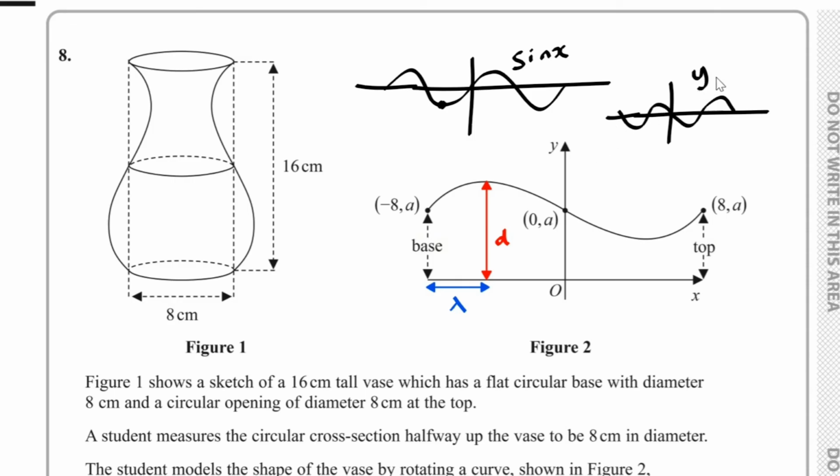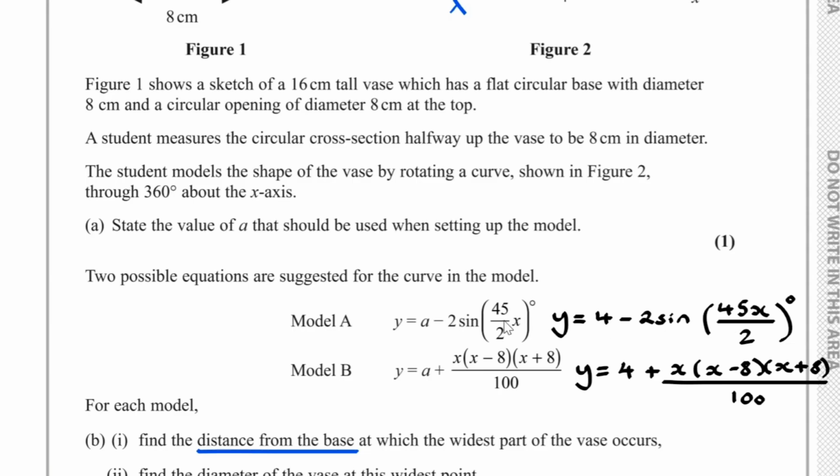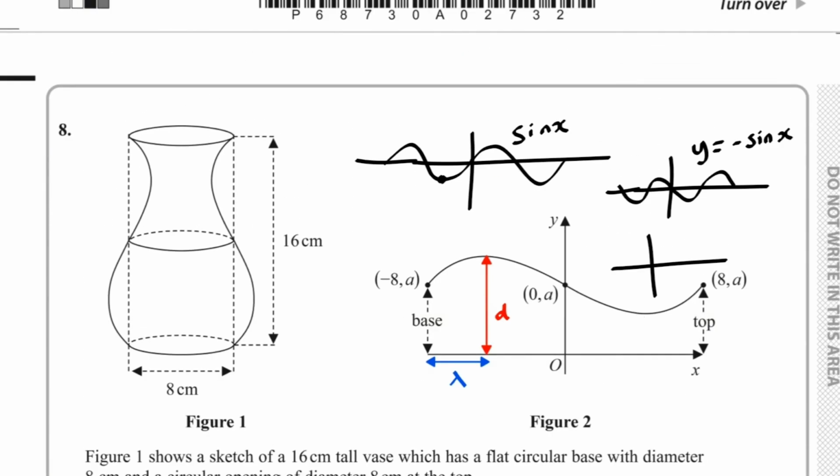This is y equals minus sine x, and then I'm moving the curve upwards by 2 and then stretching it to end up with this curve over here. So we can think about where the minimum of sine x occurs and use that to find out where the maximum of this curve for model A occurs.